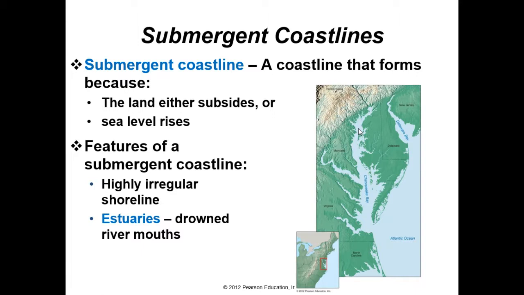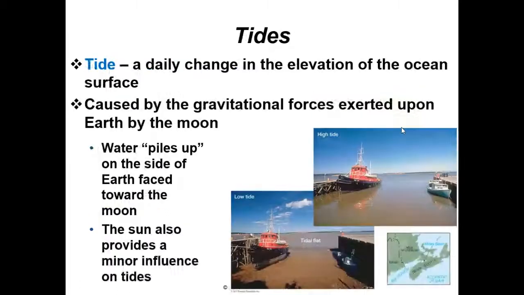Basically, river valleys that have been flooded by the sea level rise. And the technical term for these drowned rivers is an estuary. So as sea level rise continues, the Chesapeake Bay and Delaware Bay are going to flood more and more area, so they're only going to be getting bigger in size.